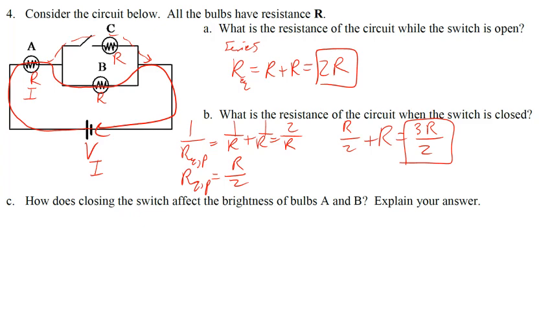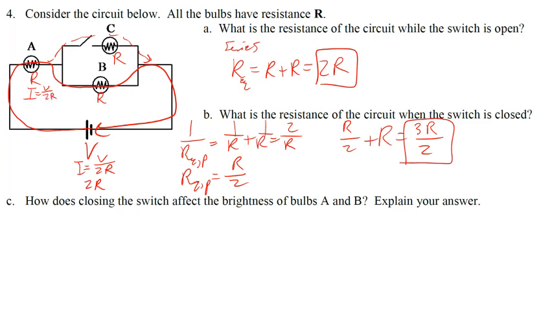Now, let's say that we started off with 2R. Okay, so that means because we started off with the series resistance of 2R, and we had a voltage of V, then our current will be V over 2R. Okay. Now that's going to be our current. That means that the same thing is true up here, the current will be V over 2R.